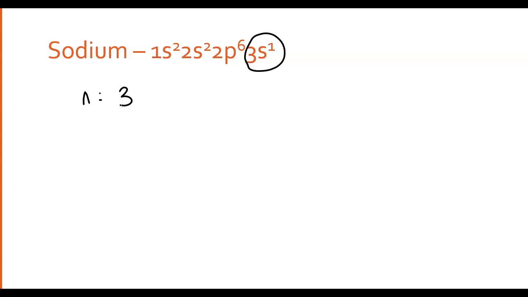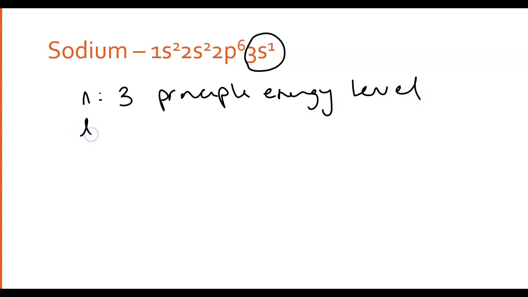So this is telling us our principal energy level. All right, our second one, which we designate L, is going to tell us which sublevel it's in. So we are in the S subshell, so that's going to be 0. So this tells us our subshell, where S equals 0, P equals 1, D equals 2, F equals 3.